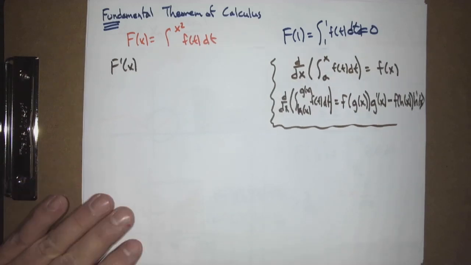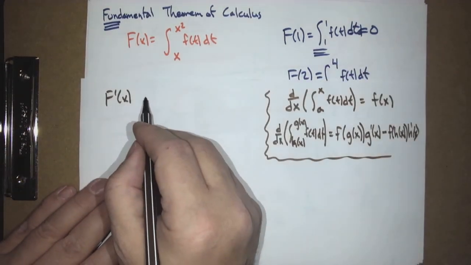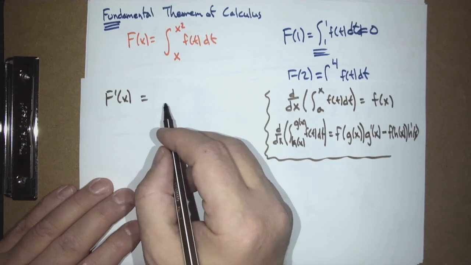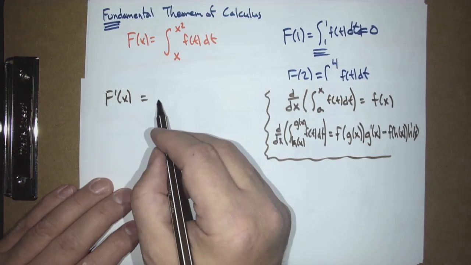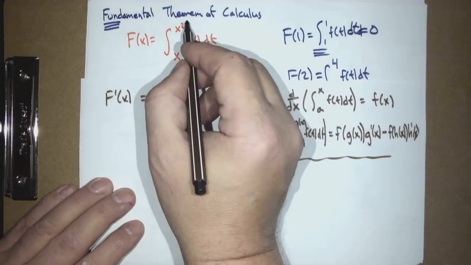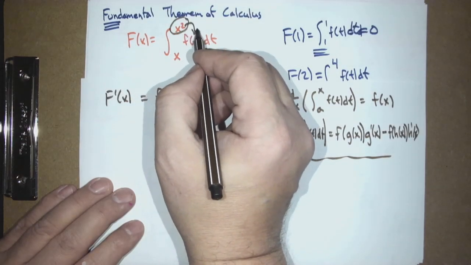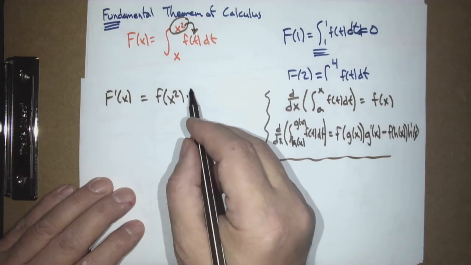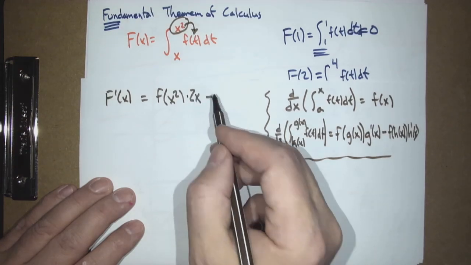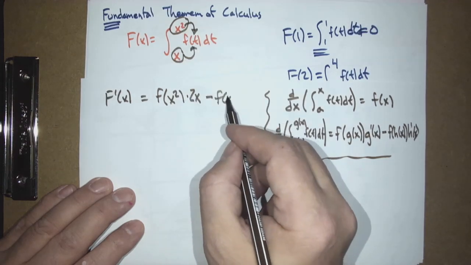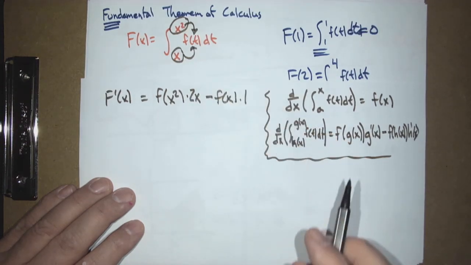Okay, so for here, f prime of x, according to this, what would you write down? F of x squared. So the 2x goes in wherever you see the t, times 2x, subtract f of x times 1.